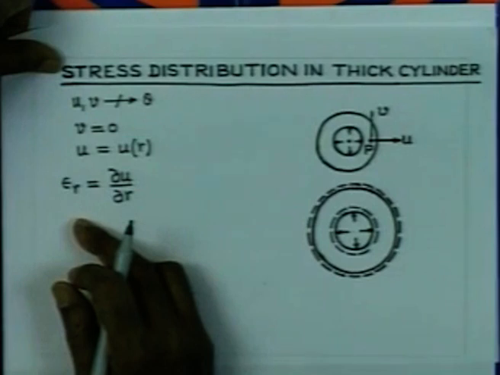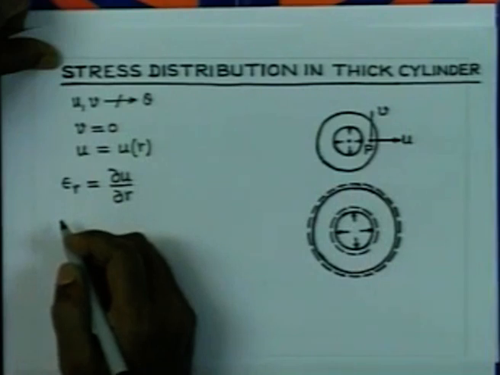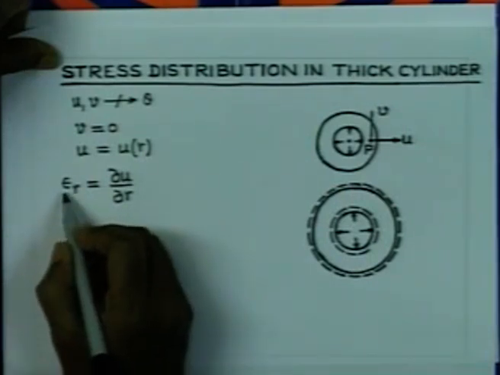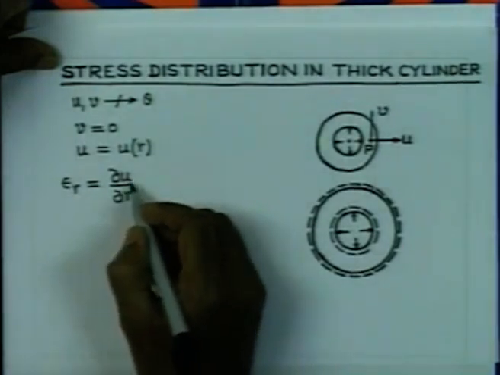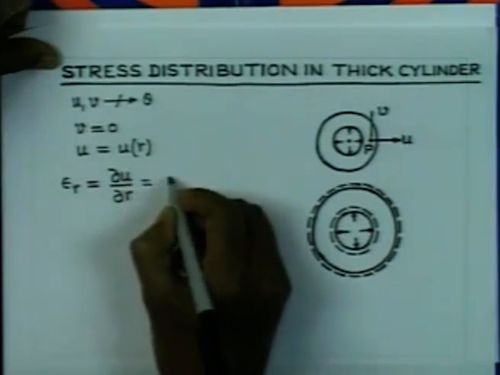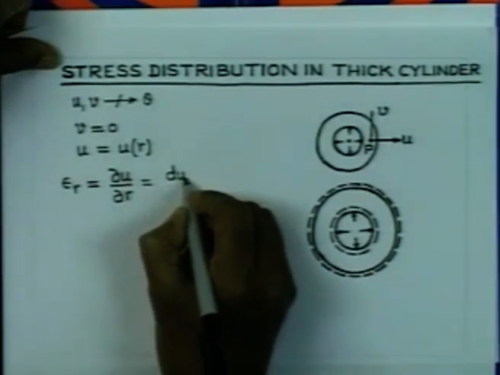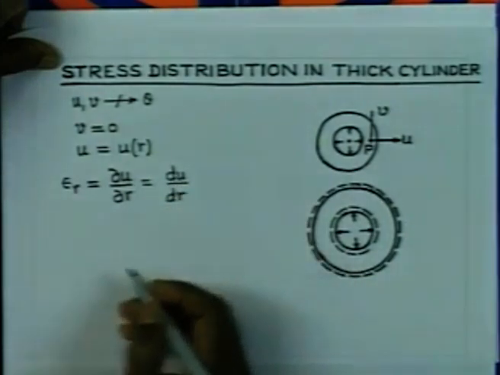Since the geometry is circular here, it is good to go for polar coordinates, and therefore we will also have stresses and strains in polar coordinates. So, the strain in the radial direction is delta u delta r. Now, since u is only a function of radius, I can write this as du dr. So, it is a total derivative rather than a partial derivative.